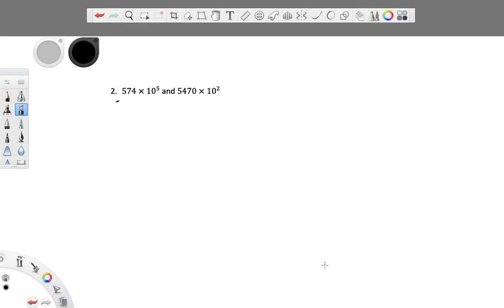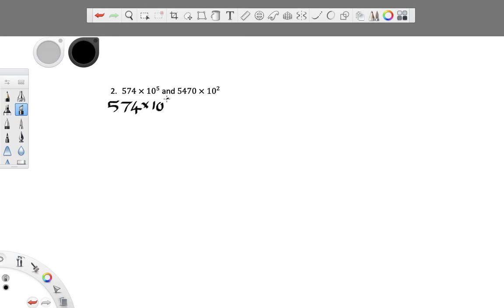So what does that mean? It means that we've got to put the numbers into the correct standard form, and then we can get an eye on how we're going to compare them. So 574, I'm going to do each number separately. So 574 times 10 to the 5.